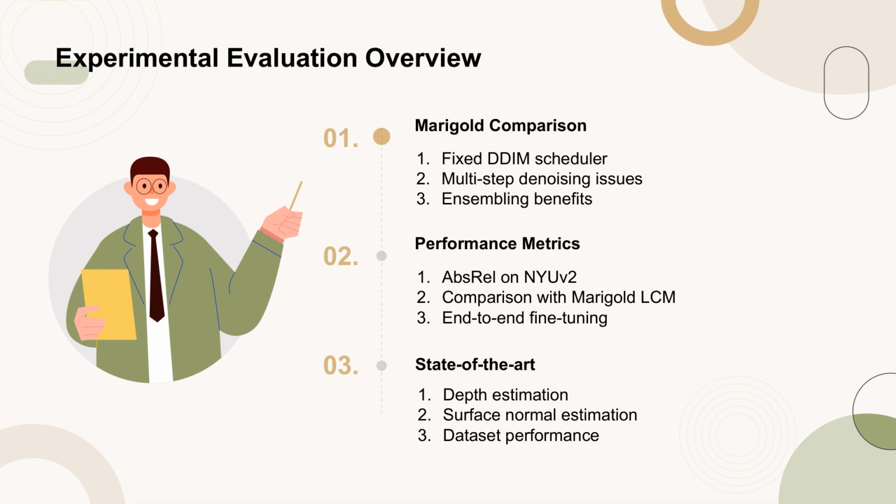End-to-end fine-tuning significantly improves results, especially on NYUv2. In terms of state-of-the-art comparisons, the fine-tuned models outperform current generative methods for depth estimation on most datasets and set new records for surface normal estimation, except on NYUv2 where Metric3Dv2 remains superior.